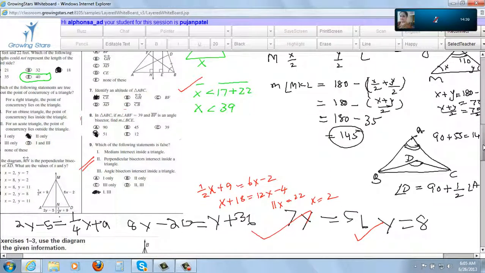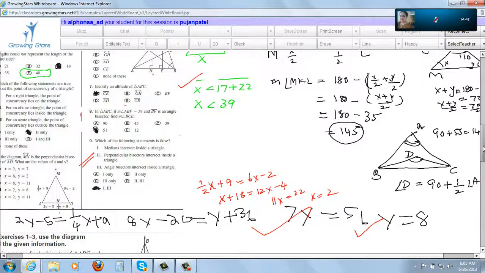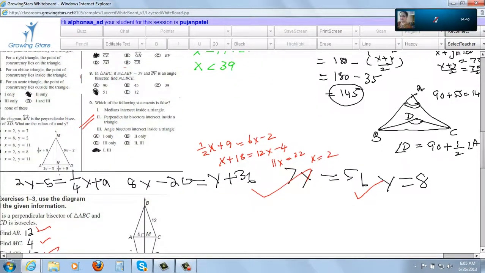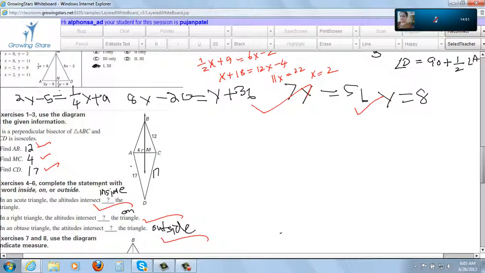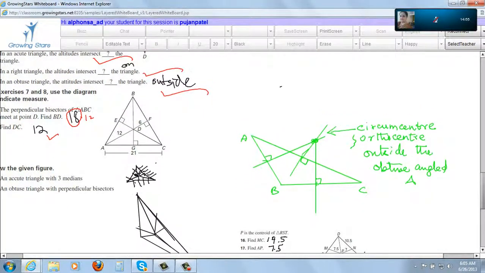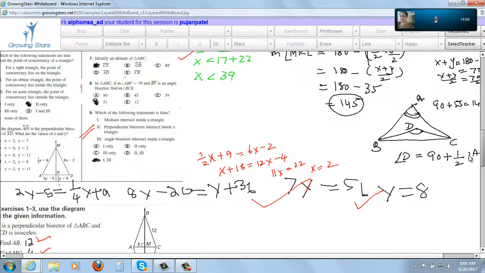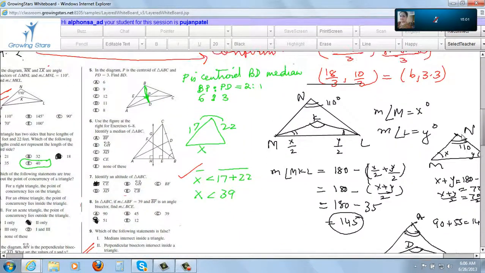That is, the distance between the vertex and the centroid will be 2 times the distance between the centroid and the midpoint. And here you're given that PD is 3. So BP is going to be 6, isn't it? Double of it, because the ratio has to be 2:1.